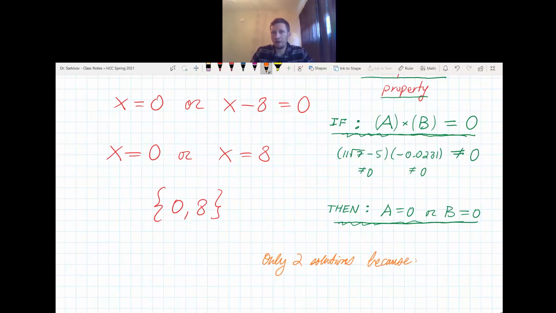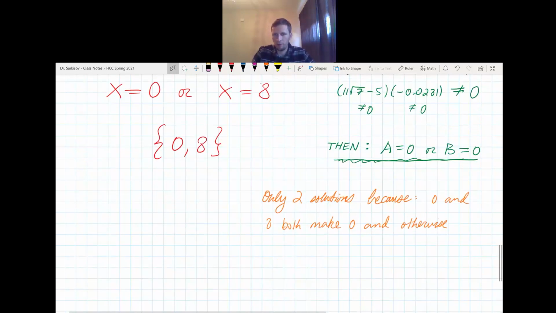Because we have to have equals 0 on the right side. Because 0 and 8 both make it 0, and how do we know it's only those two? Otherwise, both are non-zero.